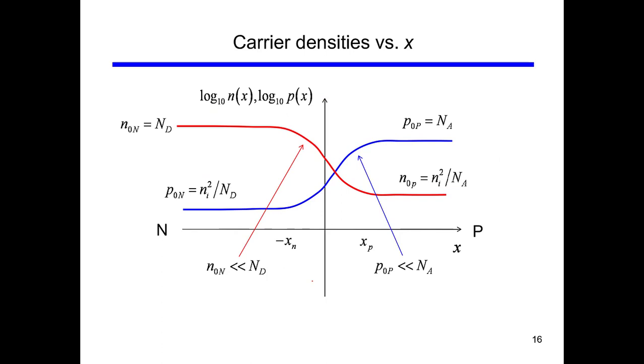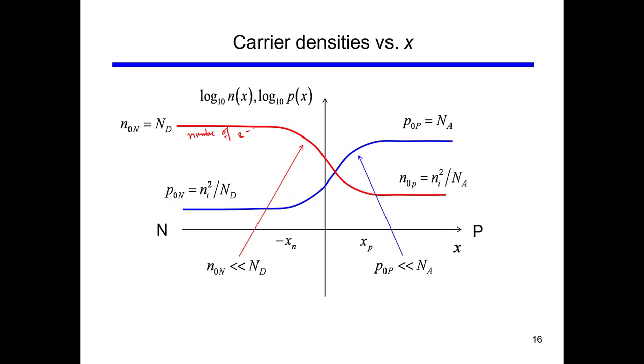And the charge density, the red curve is showing the number of electrons.